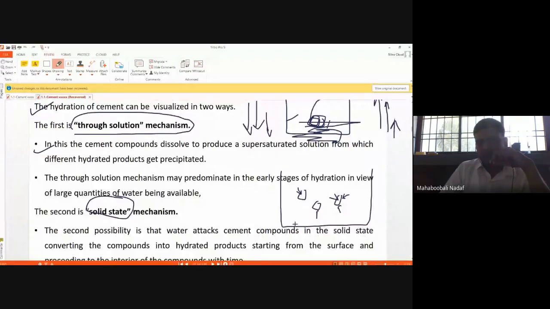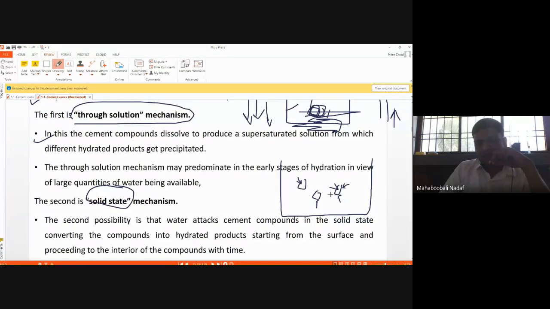We have stopped here, no? Here, what is happening? With more solid state and less water, water will start attacking each solid particle and the reaction takes place. The inside dry particles start reacting, because the solution is already formed and dry particles are more, so water will attack from outside.